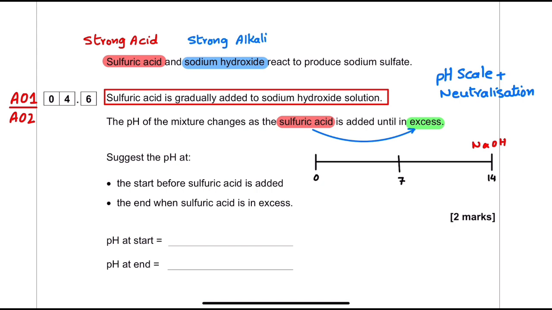So at the start, the student can take any value, and at the end, the student can pick any value. This is my sulfuric acid, H2SO4. I will write the range for the student, that is from 12 to 14 for sodium hydroxide and 0 to 3 for sulfuric acid.